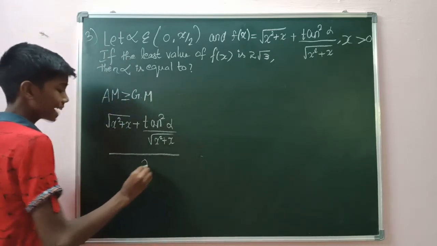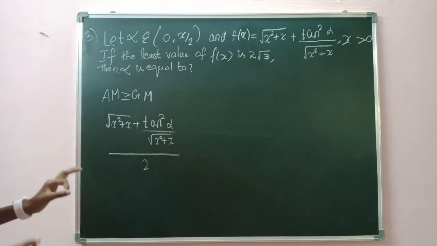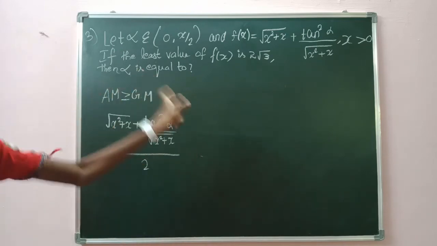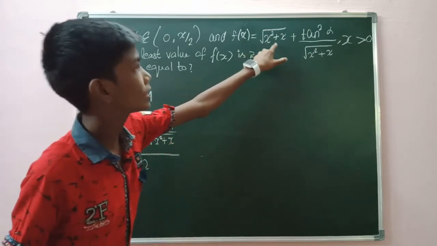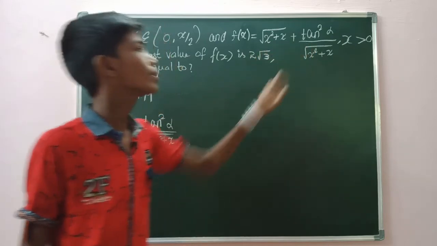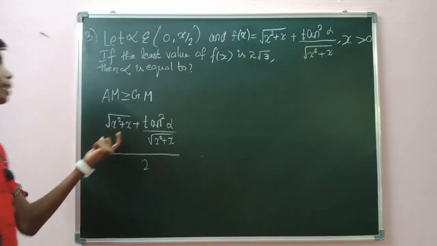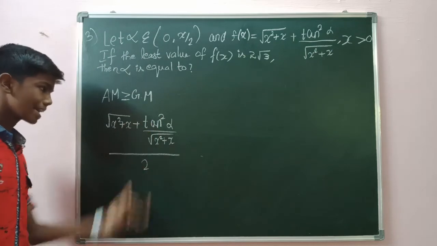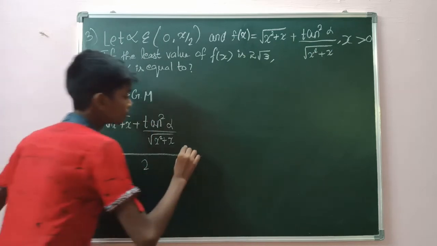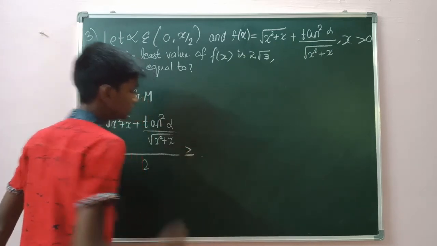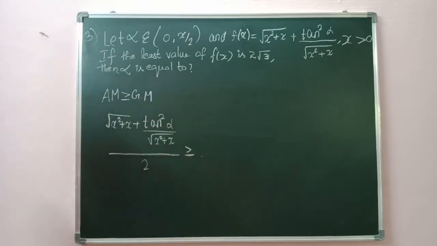Two terms. Guys, actually what I am doing is very simple. I am taking two terms such that one term is √(x² + x) and another is tan²α/√(x² + x). So the arithmetic mean of these two terms will be this particular expression, and AM is greater than or equal to GM. What is geometric mean?